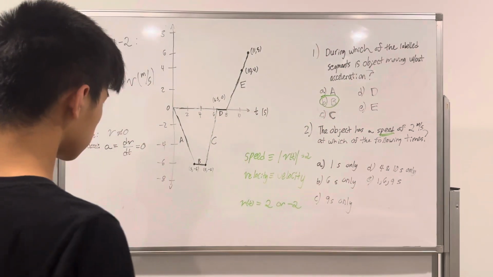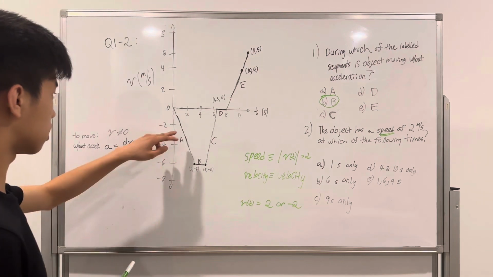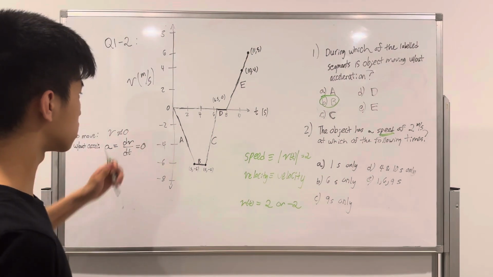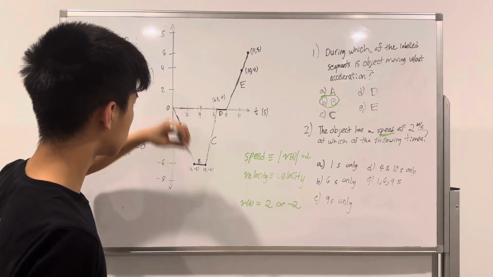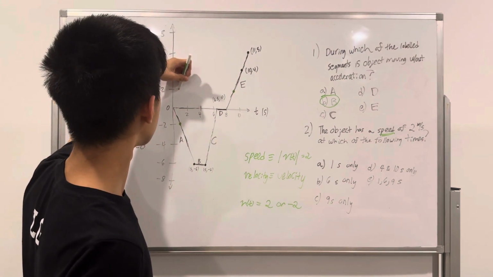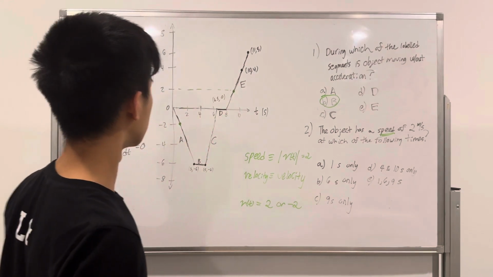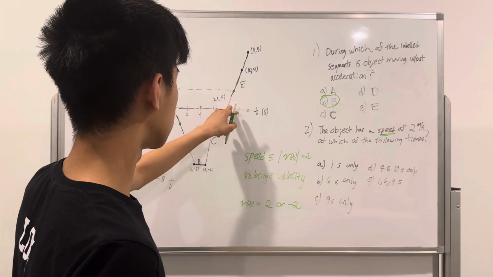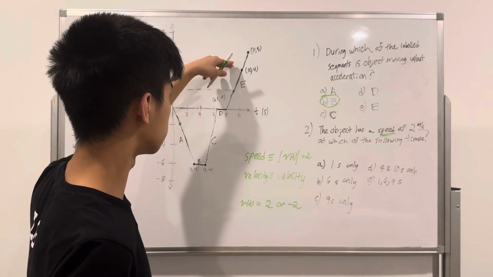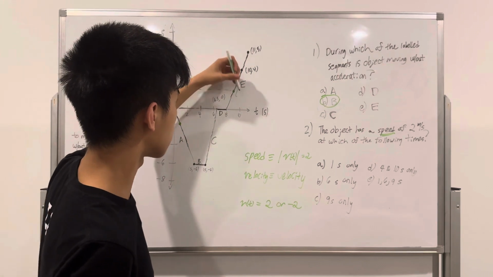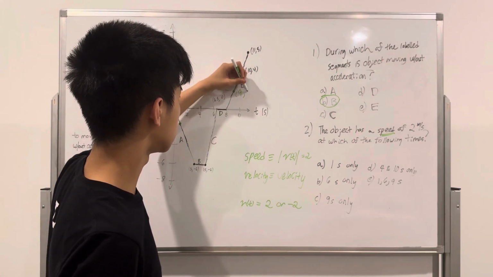That would mean that on the y-axis it has to be -2 or 2. So that would be here and here. I know that I didn't do a good job drawing this out, but know that this segment has a slope of 2, which means that whatever's in between has to be 9, 2.